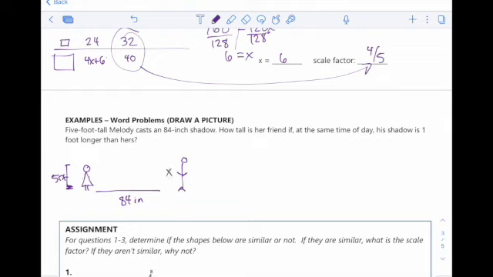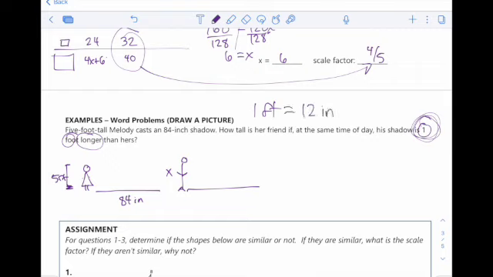If his shadow is 1 foot longer, now here's the tricky part. This measurement is in inches, and it's saying it's 1 foot longer. So either I have to convert this into feet, or I add 1 foot in inches. That seems easier, because I know that 1 foot is 12 inches.